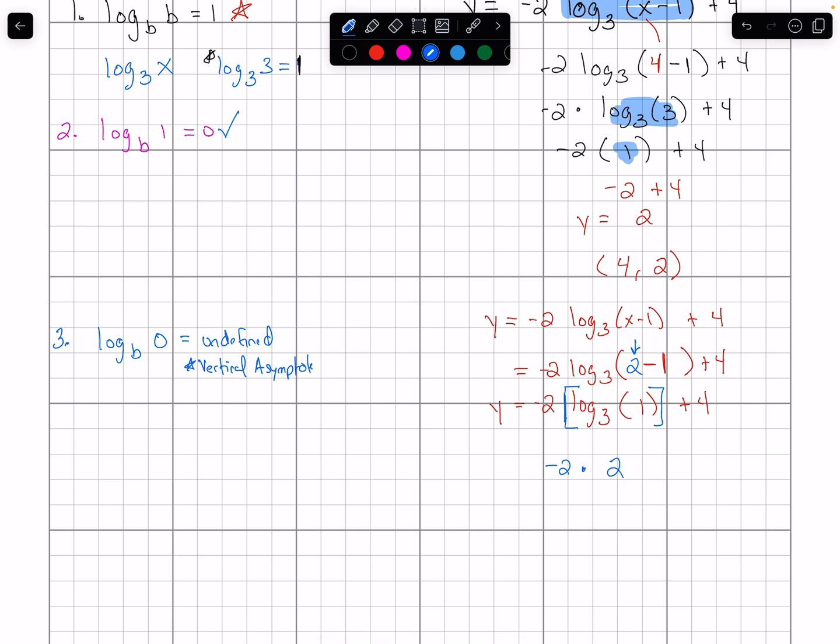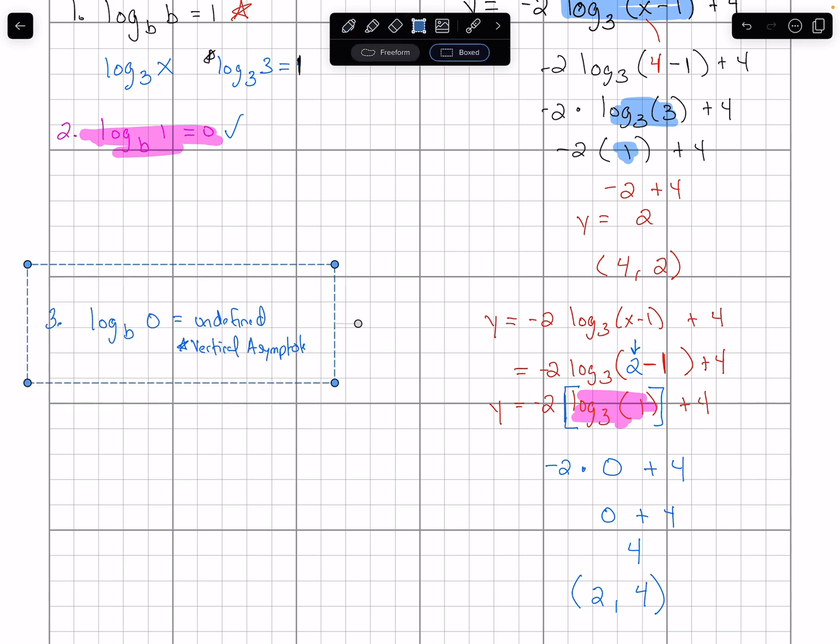And then plus 4. Negative 2 times 0 is 0, and 0 plus 4 is 4. So when x is 2, y is 4. That's my second coordinate.